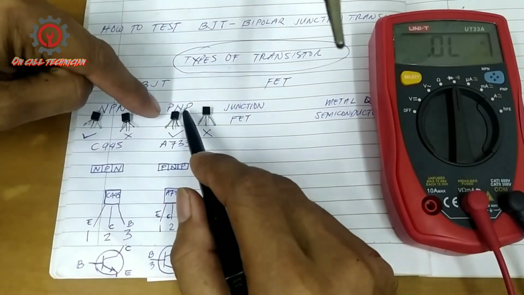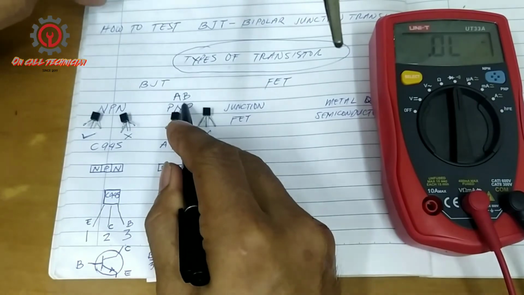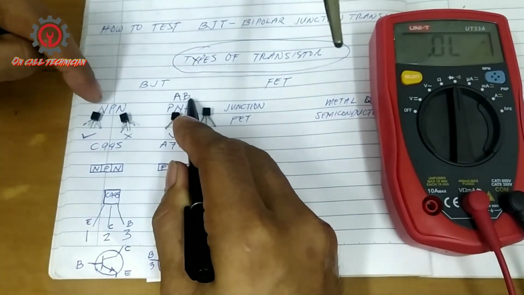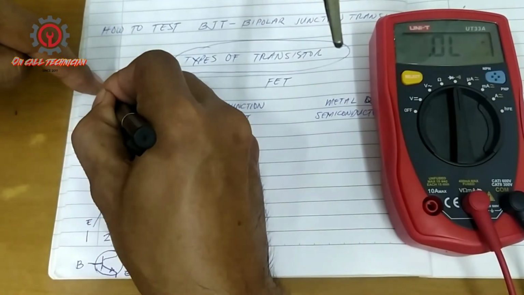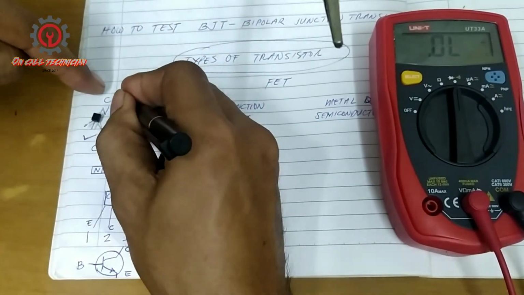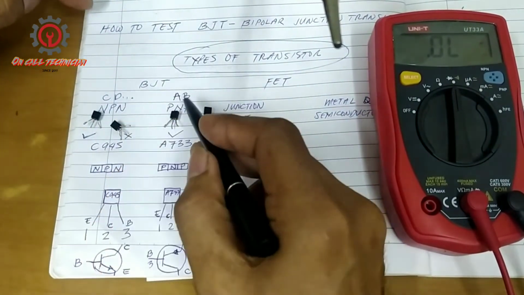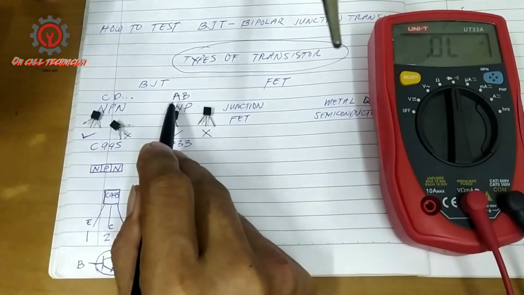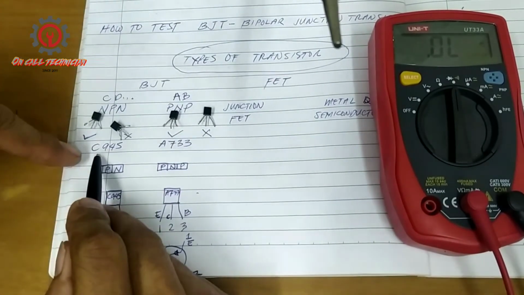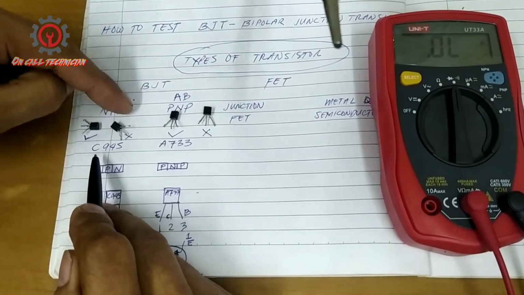Now I'm going to give you a hint, guys. A PNP transistor always begins with A and B, and for the NPN it begins with C, D, and so on. So you can distinguish this one. Okay, remember this is A733 and it's a PNP, and look, C947 and it's NPN.